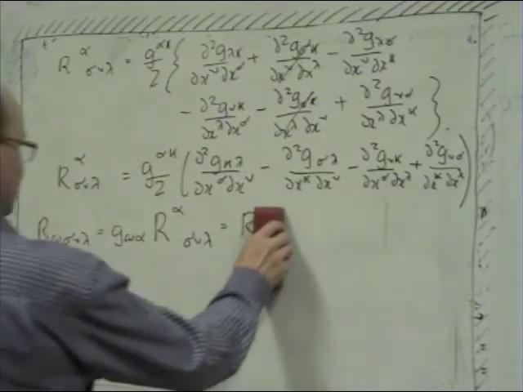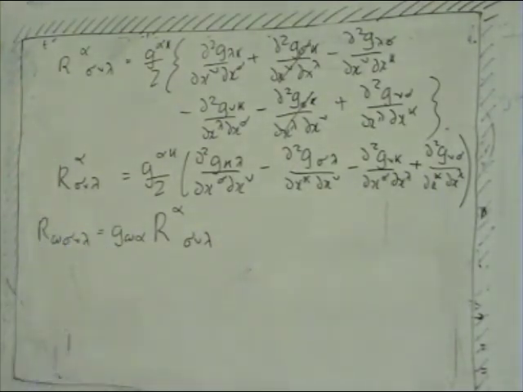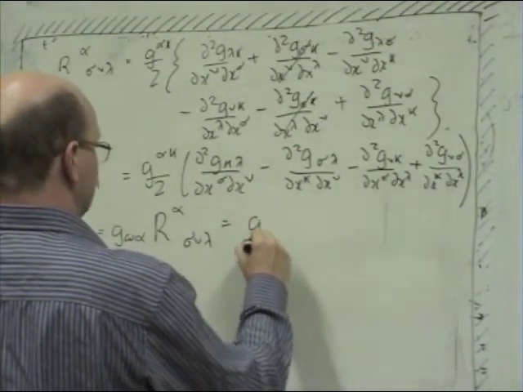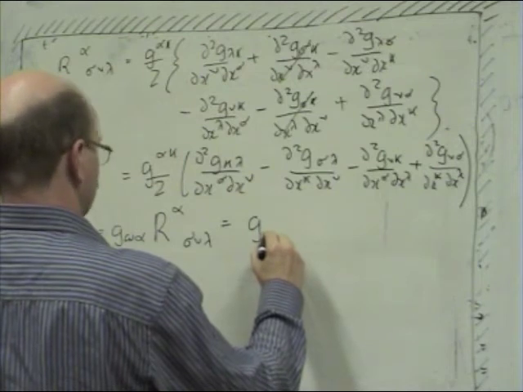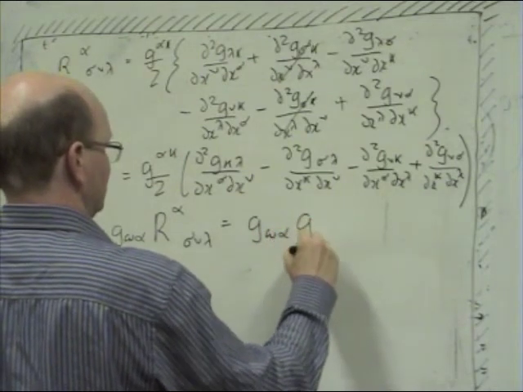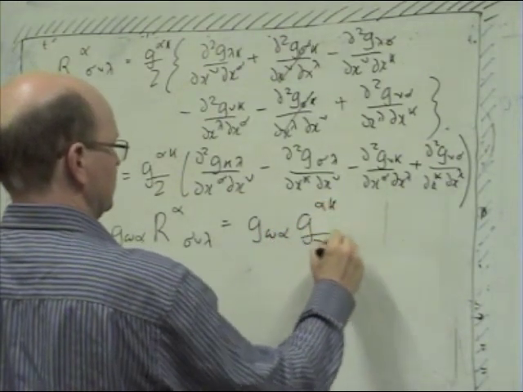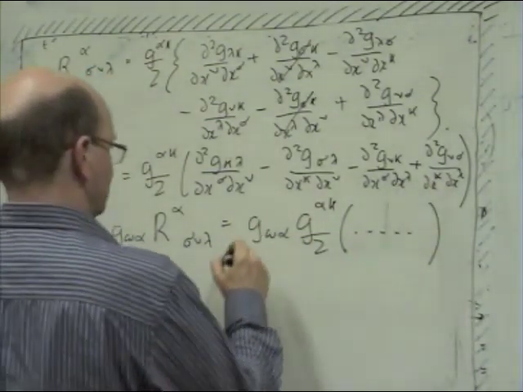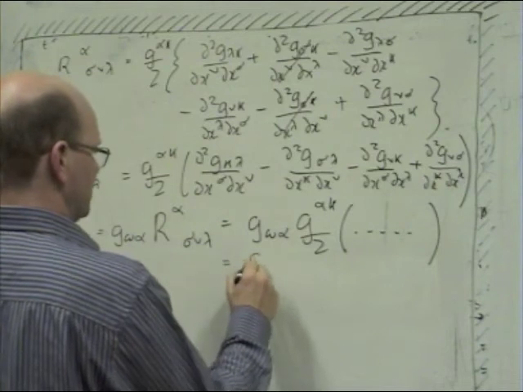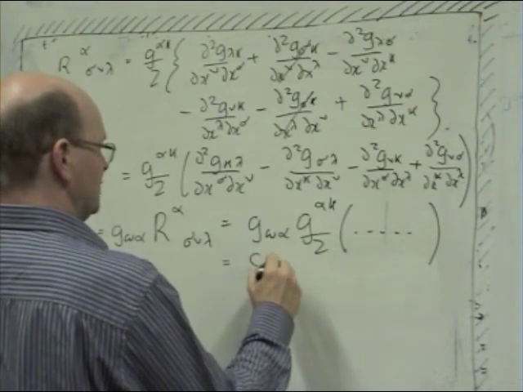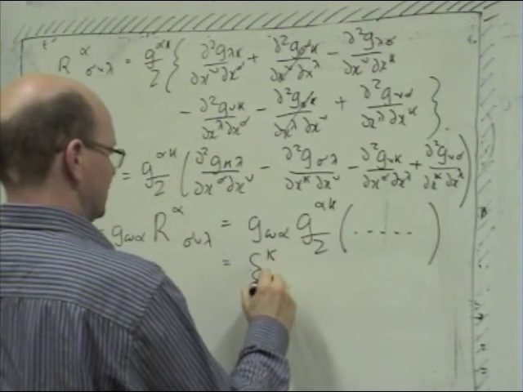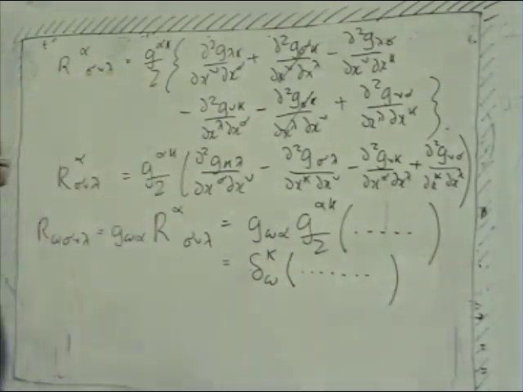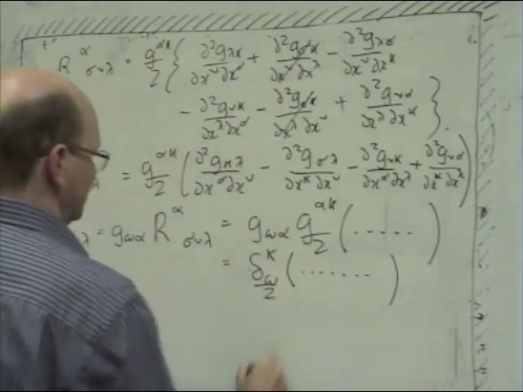Okay, and you have to do the same thing to the other side, of course, and on the other side what you get is G sub omega alpha times G super alpha kappa over 2 times the contents of the bracket, which is the same as it was up here. But this combination of the two G's, if you remember from the notes, is a delta function between the unsummed indices kappa and omega, and then you multiply that by the big bracket, and then there's a 1 over 2 there we haven't lost.